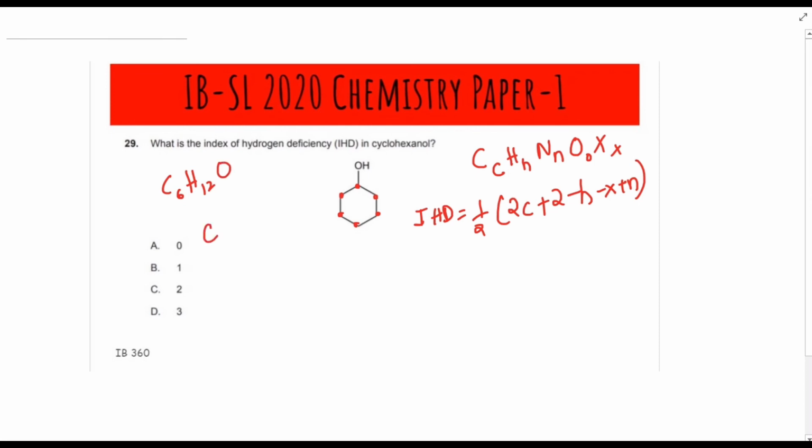So from this, C is equal to 6, H is equal to 12, and O is equal to 1. So IHD will be half of 2 into 6 plus 2 minus 12, and these are 0. So you can see the IHD is 1. Upon solving, we get 1. So for question 29, our answer is option B.